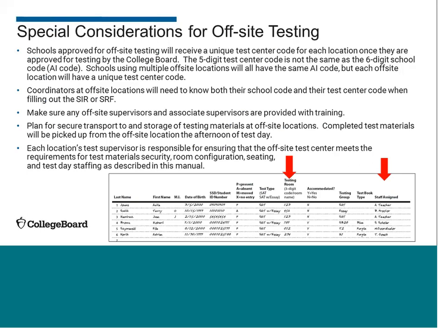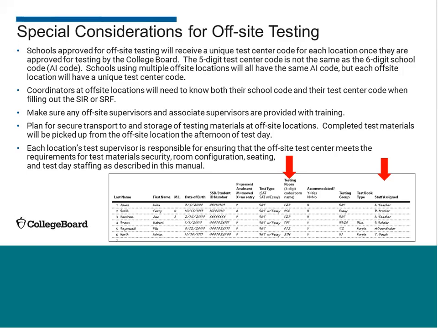There are some special considerations to be made if you are using an off-site testing location. Many of you may have requested approvals for off-site testing. Any school that submitted their testing plans, I know we are still reviewing and approving some of the plans.